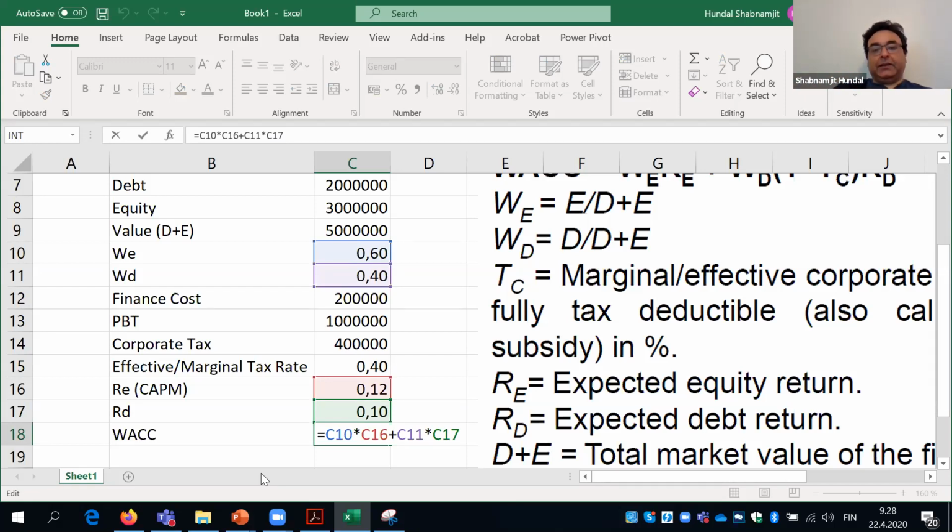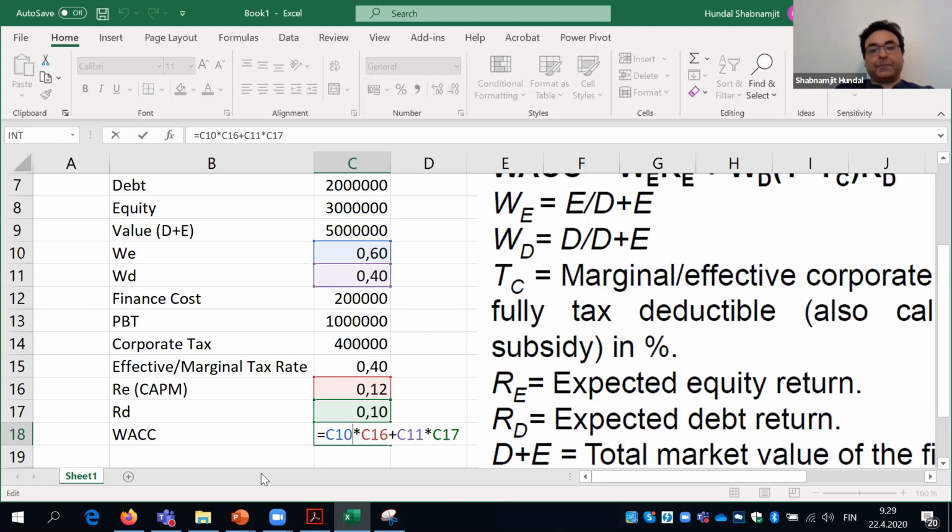We see in the income statement that you pay the finance cost before you pay the tax. So the interest is deducted. That gives us the interest shield, and then the interest shield becomes the debt tax shield.